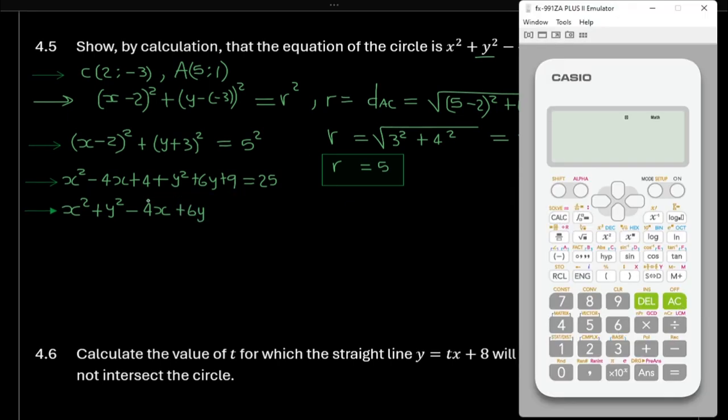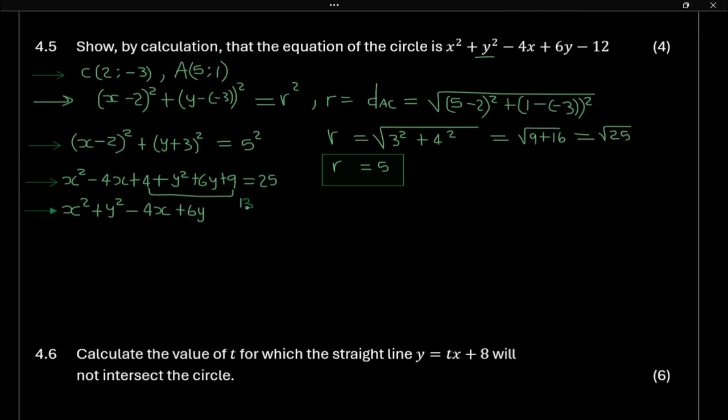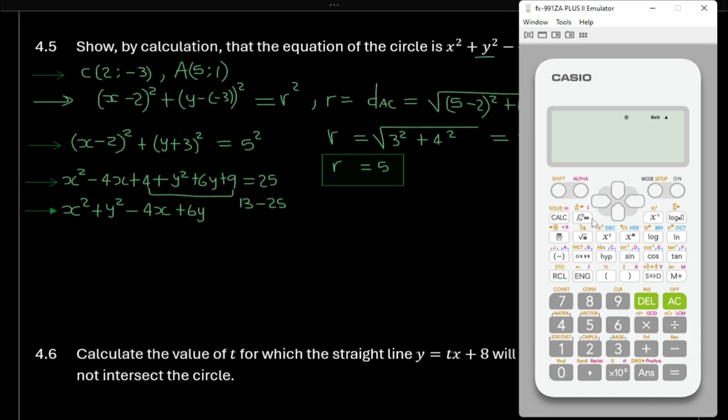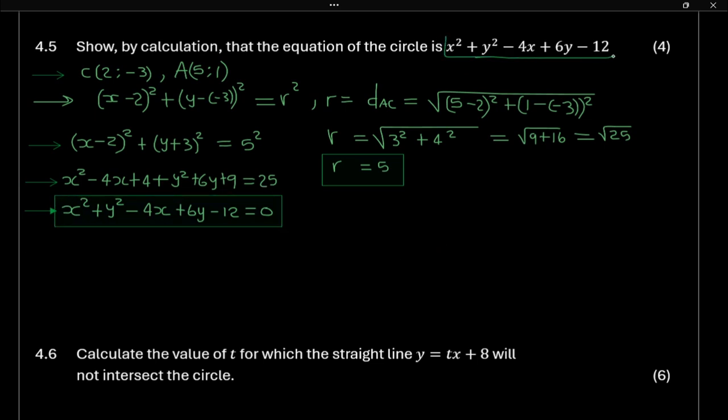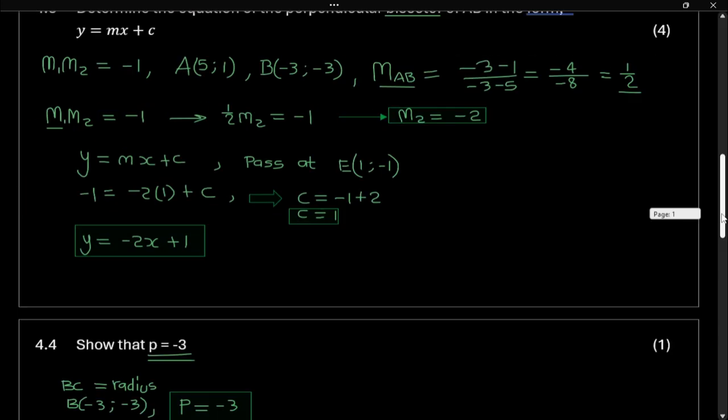So put all the coordinates: 16 minus 25, 9 plus 4, that's 13. 13 minus 25, that's -12. So that gives us -12. And then we simplify everything, bring all the groups together, and eventually it gives us our answer.